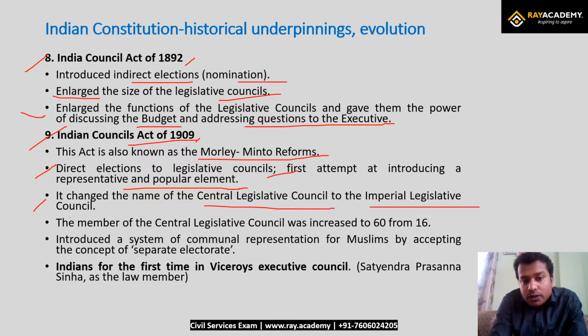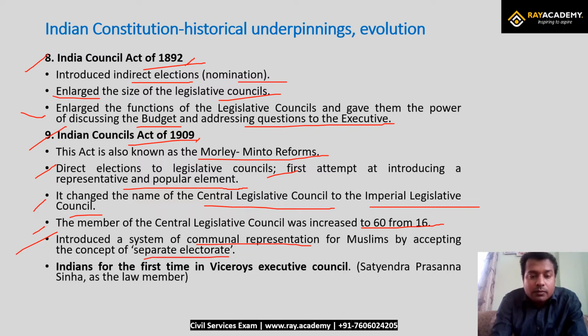You can be asked a question: by which act the Central Legislative Council is further known as the Imperial Legislative Council. It is the Indian Councils Act of 1892. The members of the Central Legislative Council were increased to 60 from 16. It also introduced a system of communal representation for Muslims by accepting the concept of separate electorate.